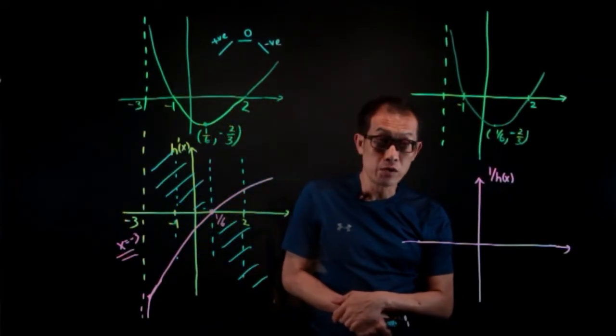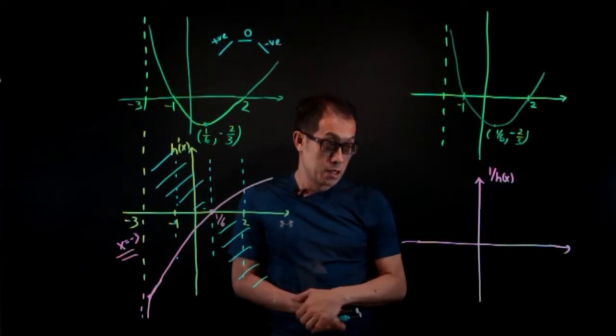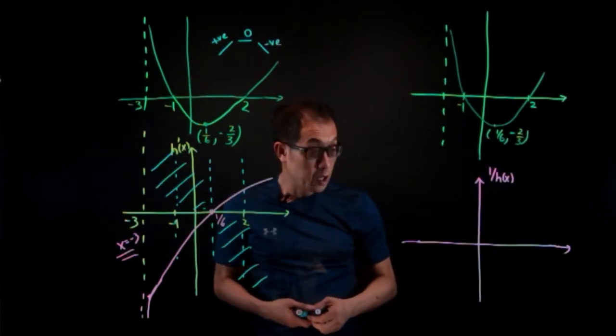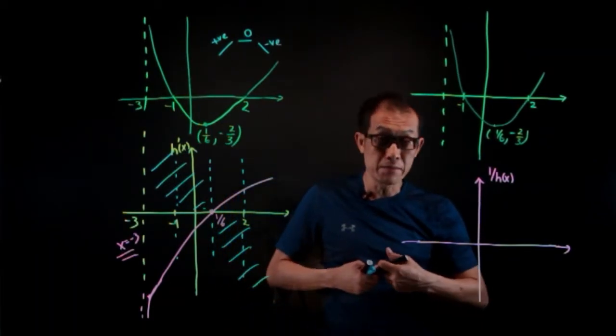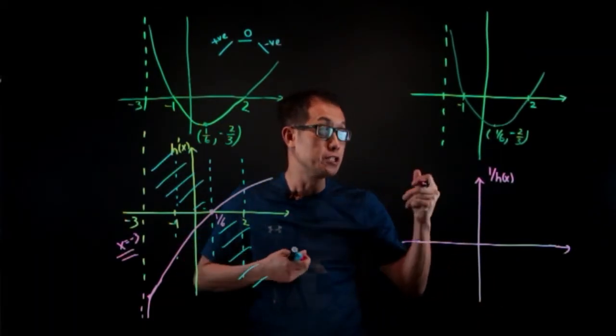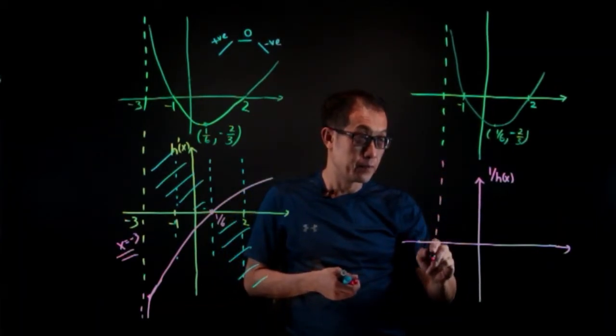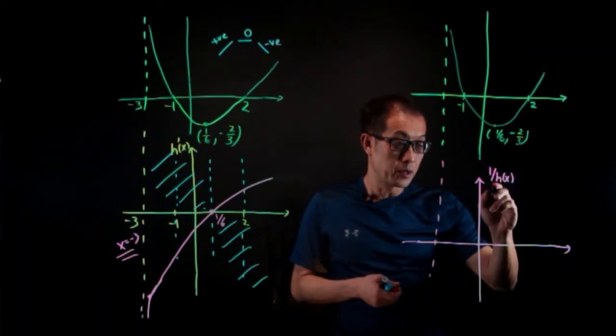Now we will move on to the graph of 1/h of x. Now same thing, let's mark out the critical region. This will be one of them. Turning point.